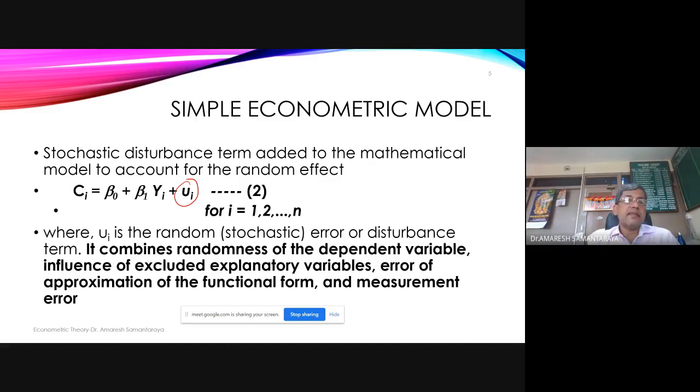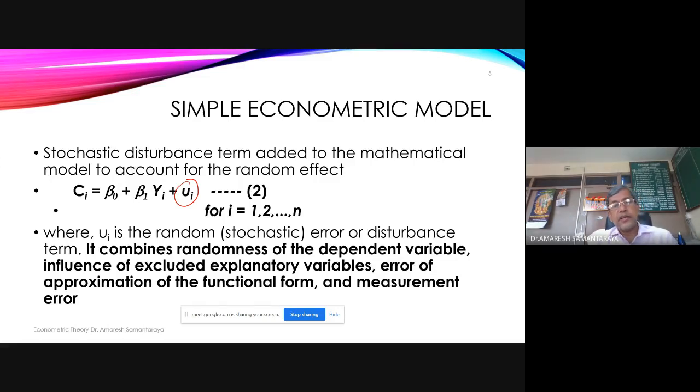And the economic variable which is appearing on the right hand side, that is Yi. Yi here is of course income, current income or disposable income. But Yi, any right hand side variable in an econometric model in general, is referred to as the independent variable, explanatory variable, or exogenous variable.